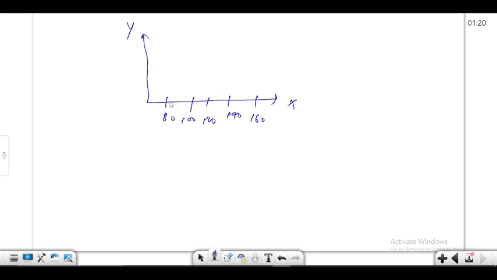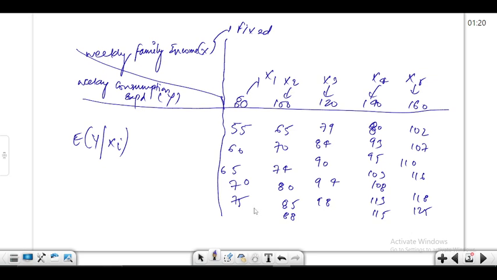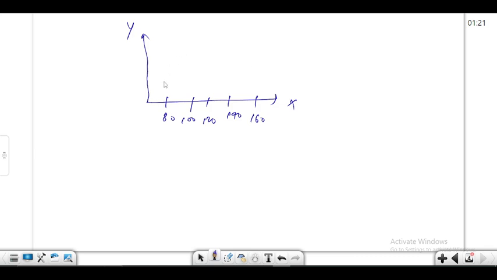So corresponding to $80 of weekly family income, what is the average weekly family expenditure? If I go back and take the average of these numbers, that average will be represented by a point here.